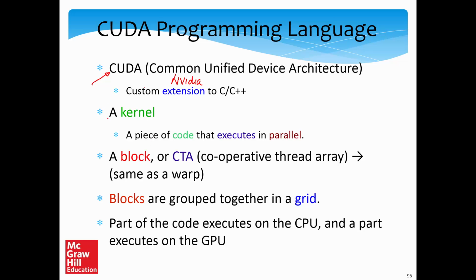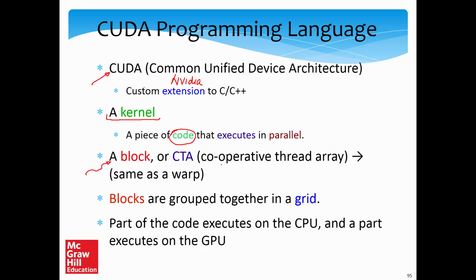In the context of a GPU, we define the term kernel, which is a piece of code that executes in parallel on the GPU. We define two concepts here. The first is a block.